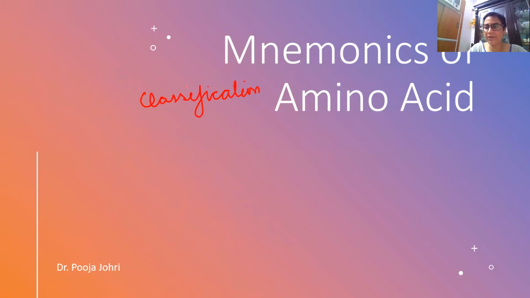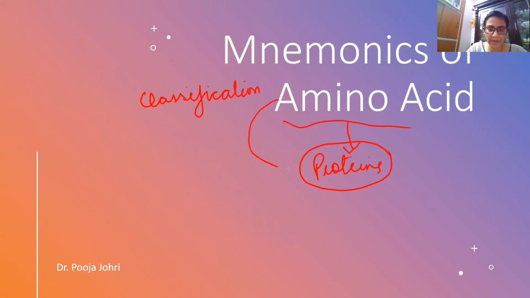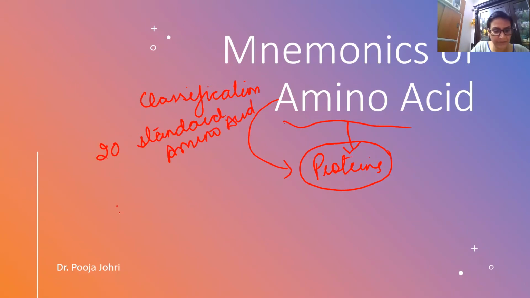Because all of you know, whenever we define an amino acid, it is the one which forms the proteins. So whatever property these proteins exhibit, that is basically based on the number or type of amino acids which are present there. And there are 20 standard amino acids. There is another class, the 21st amino acid, which is selenocysteine, and the 22nd amino acid, which is pyrrolysine.